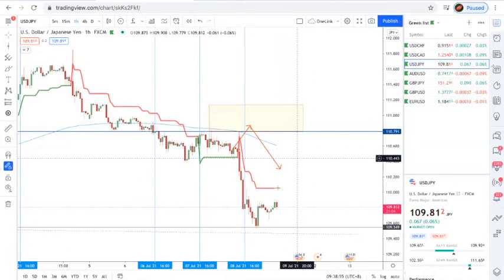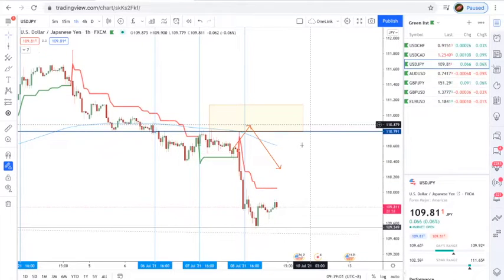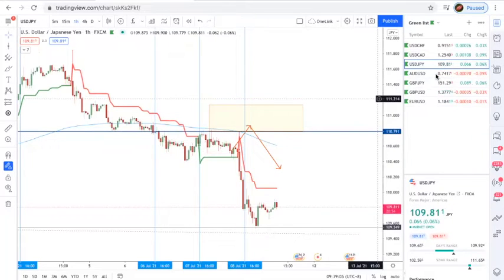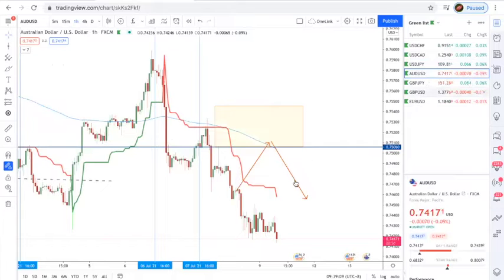The pressure is still there, and now there's a chance the price might go up. You know why I'm telling you it might go up? Later I'll discuss that as well. And on AUD USD, same thing. The price never retraced. See what happened: it just went to the tip of this particular line, and after that it just rejected.